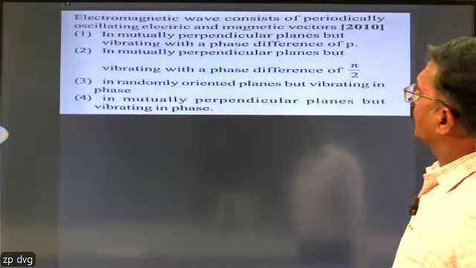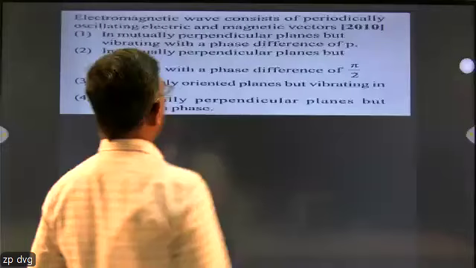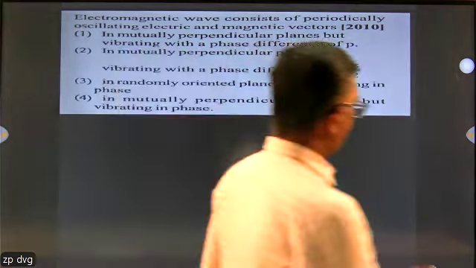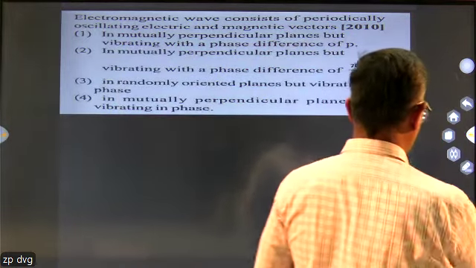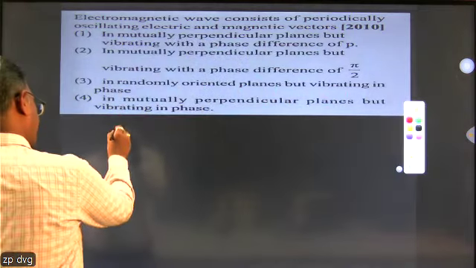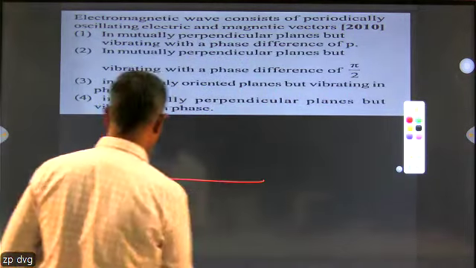ನೋಡಿ. Electromagnetic wave consists of periodically oscillating electric and magnetic vectors. Correct? In an electromagnetic wave, we have periodically oscillating electric and magnetic vectors. So electric vectors and magnetic vectors are periodically oscillating, just like a sine wave or cos wave. Correct?